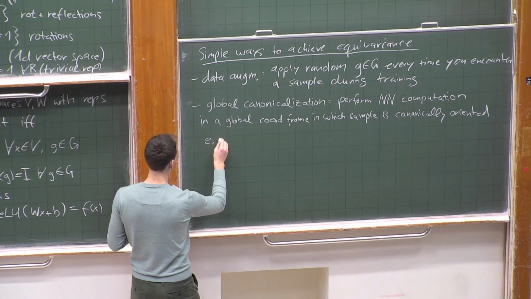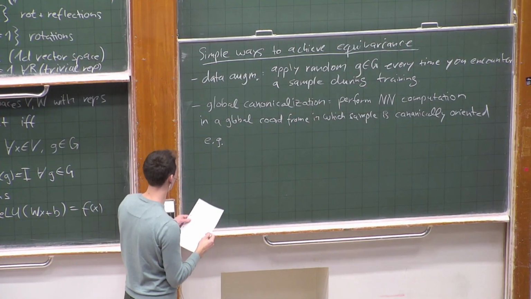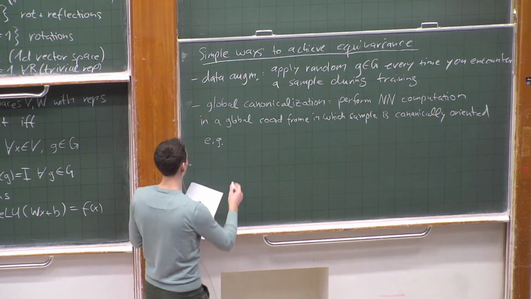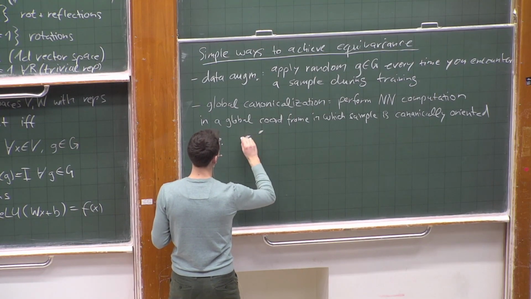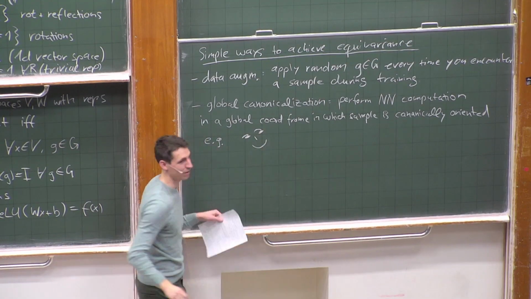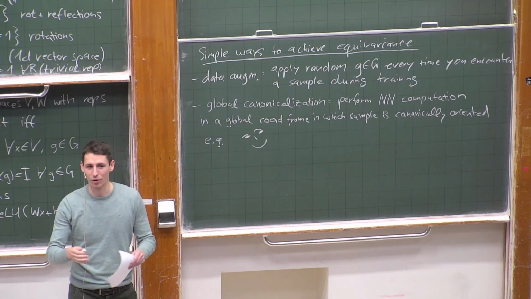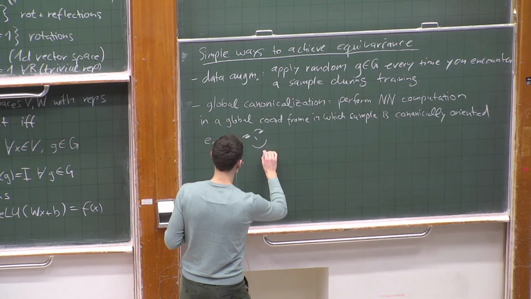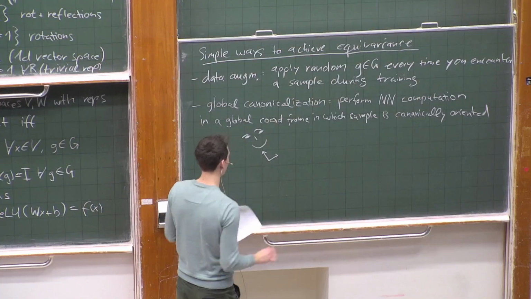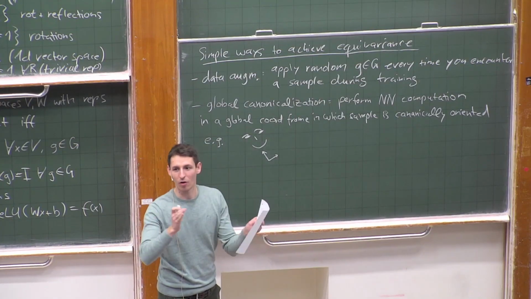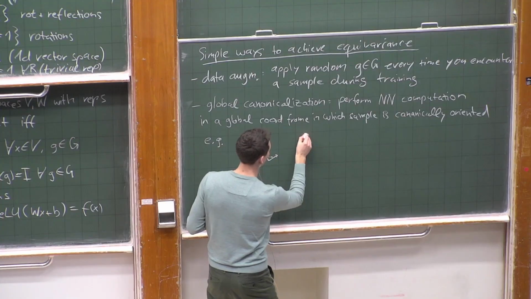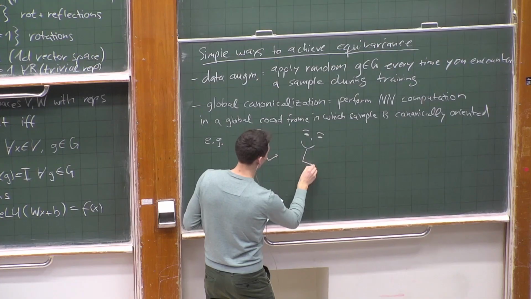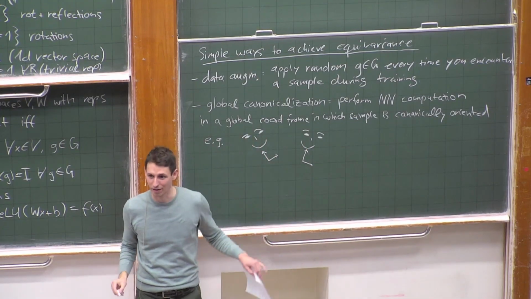So for example, if you want to build a classifier on faces to say whether they're happy or sad, then your input may look something like this. It's presented to your neural network in a random pose that is not yet canonical, but then you can choose your coordinate frame such that the face will be oriented canonically. So if the face were, for example, oriented like this instead, then you would do all of the computations in this coordinate frame.